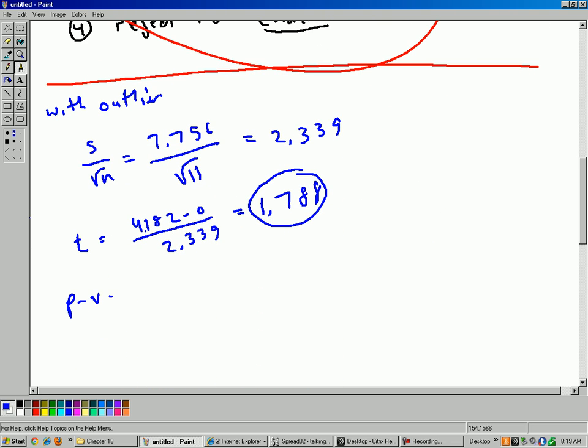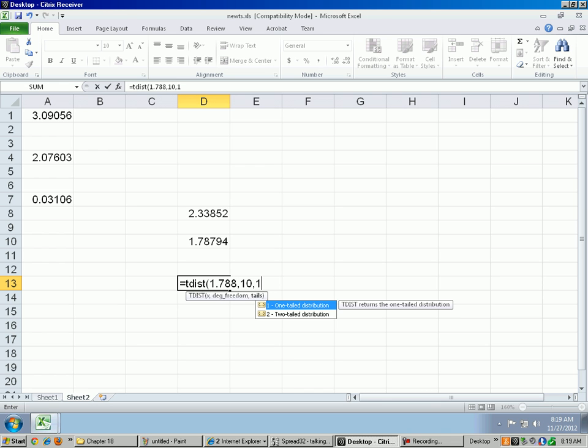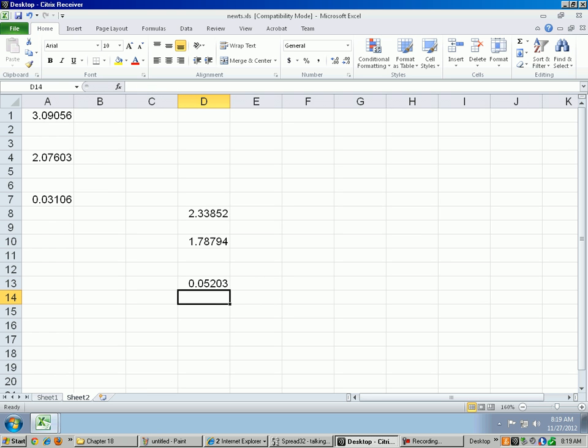What is the p-value for that? You can use the table again, but since I've got Excel, let me just use it there. So equal TDIST, 1.788, degrees of freedom is 10. It's one less degree of freedom, one tail, than before. So now the p-value is 0.052.